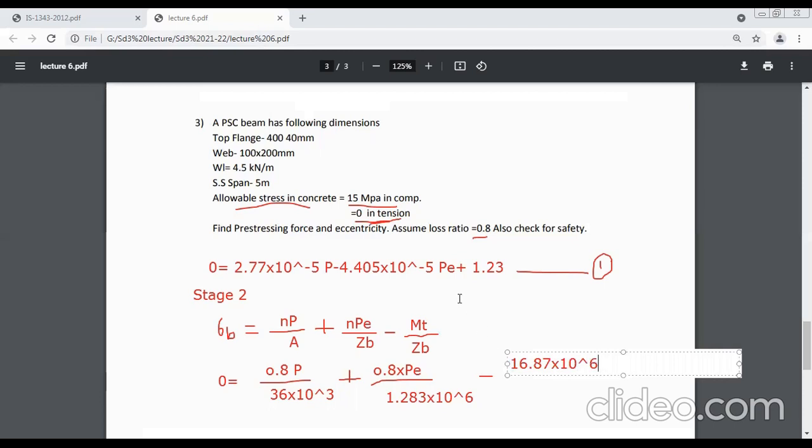Again divided by ZB, which is 1.283 into 10 raised to the power 6. So write down one equation here.